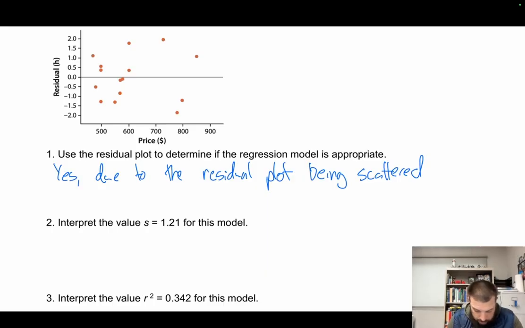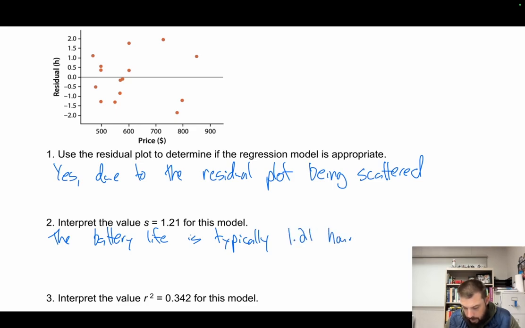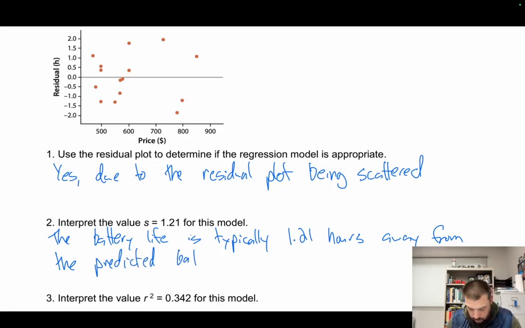And we will write, following our sentence frame, the battery life is typically 1.21 hours away from the predicted battery life for the model.